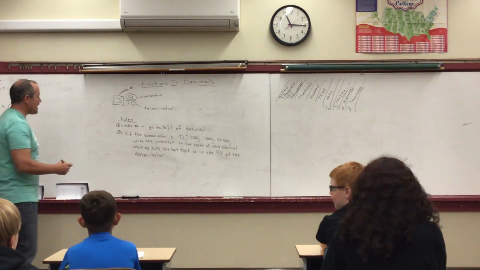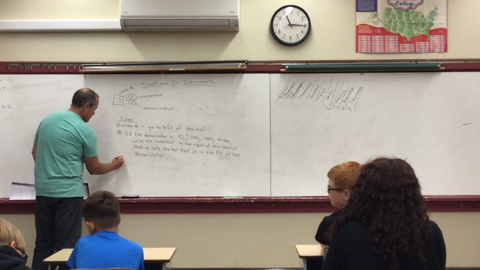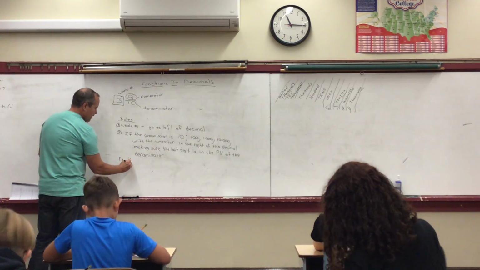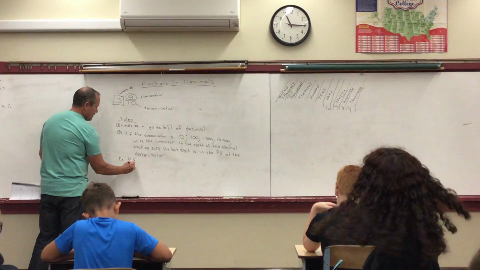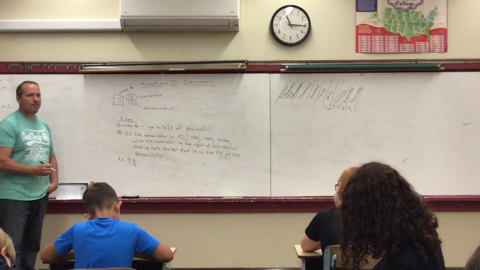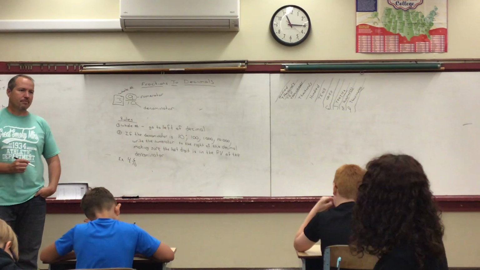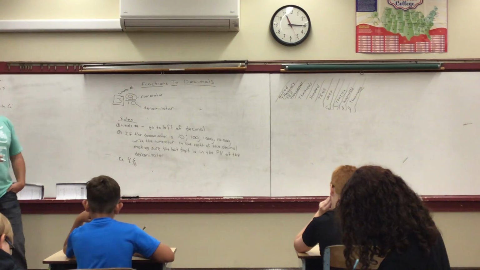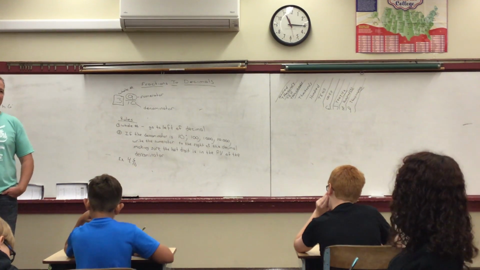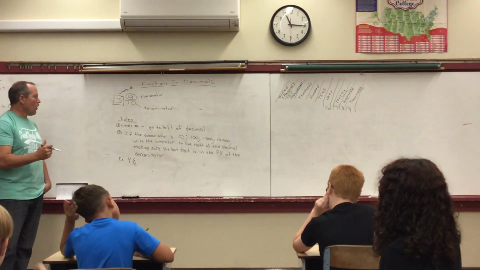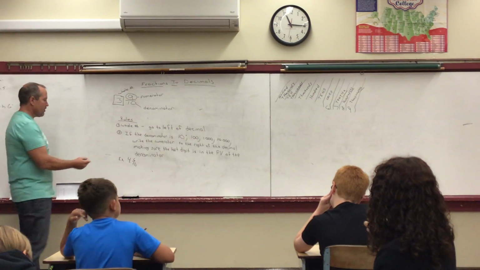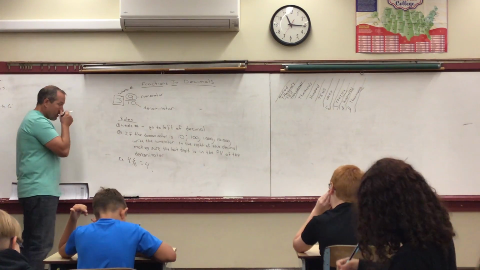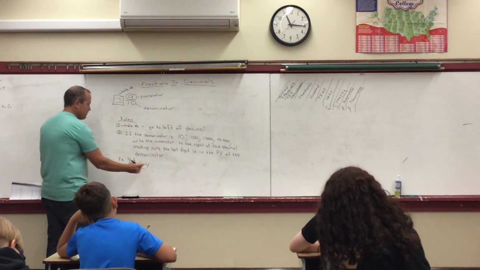Okay, so example. If we have 4 and 6/10. The first rule is if there's a whole number, it goes to the left of the decimal. We have a whole number. So we put it to the left of the decimal.